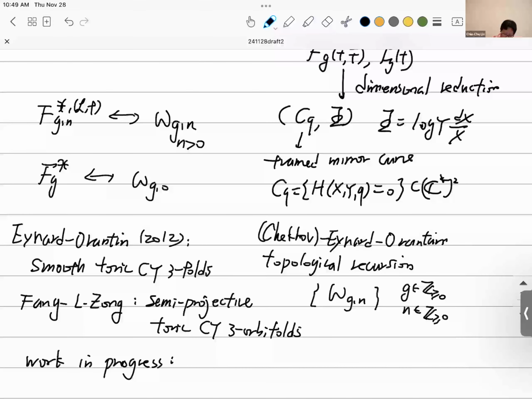And in work in progress with Song Yu, who is a postdoc at Yale's Mathematical Sciences Center, and Zhengyu Zong, we have a statement for descendant, like equivariant descendant, invariants.